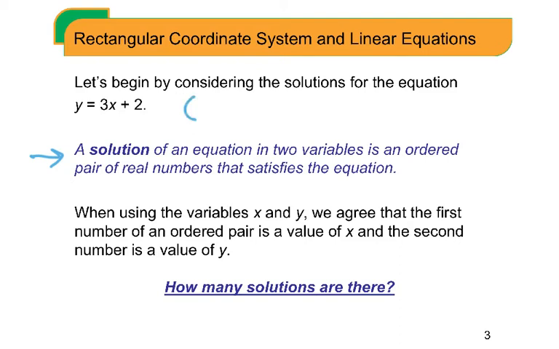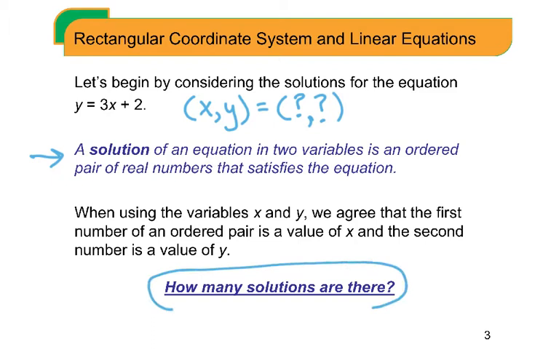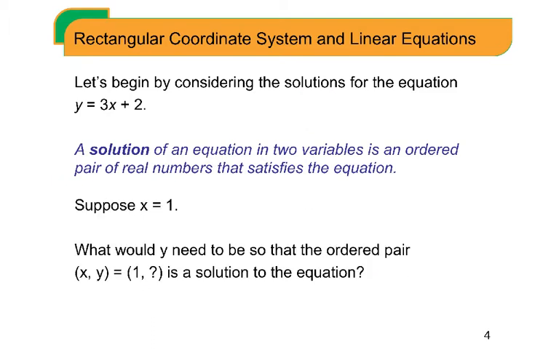So how would we find a solution to this equation? And another question to think about is how many solutions are there? Well, one way to find a solution is to start somewhere.